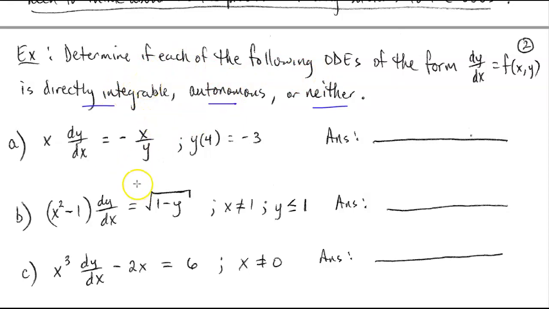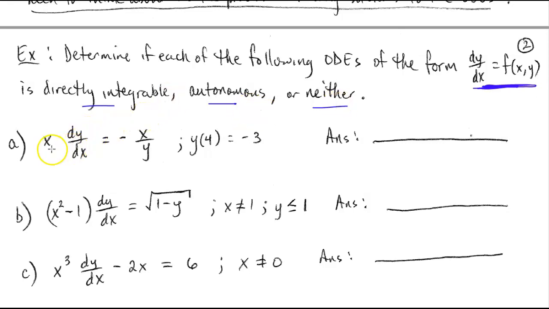So for this first equation, and for all these examples here, the first thing that we want to do is get it into this form. Okay. After we get it into this form of dy over dx is equal to some function of x and or y, we do whatever simplification we need, and then we answer the question.